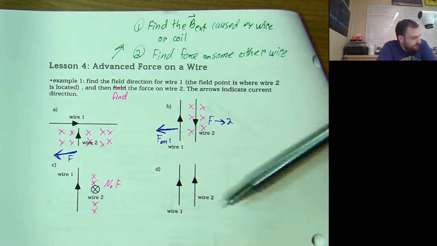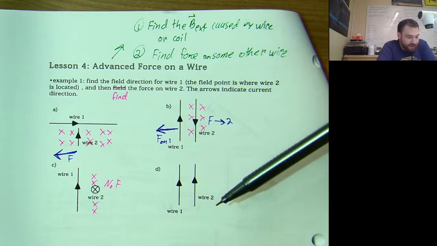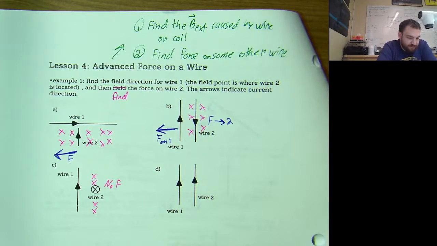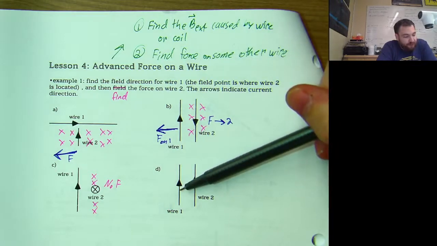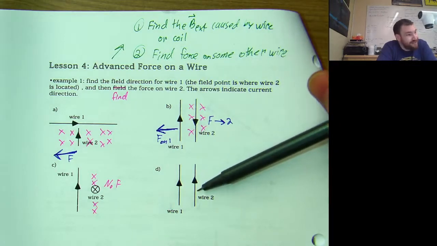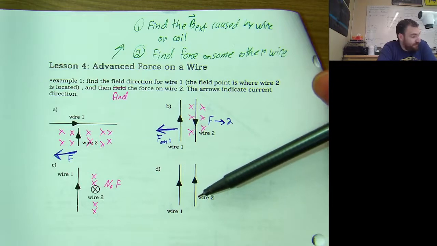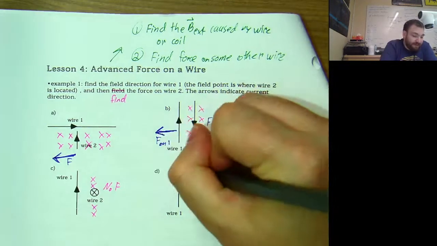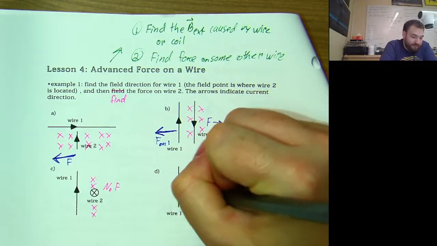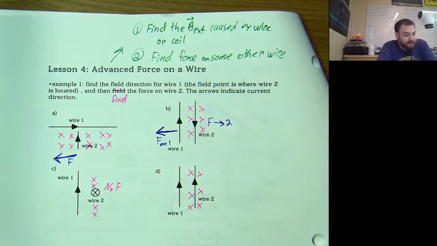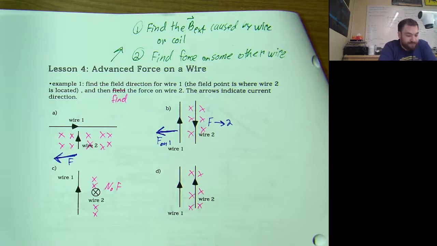D. What's going on here? They're going the same way. So the magnetic field created by 1, where 2 is, what is it? The magnetic field is going into the page again. So what's the direction of the force for wire 2?